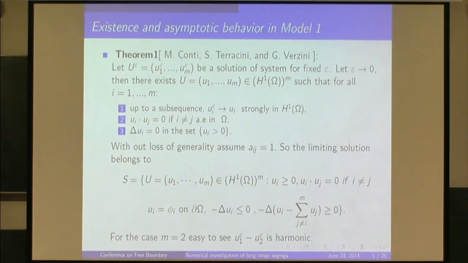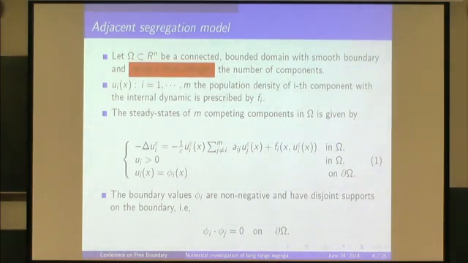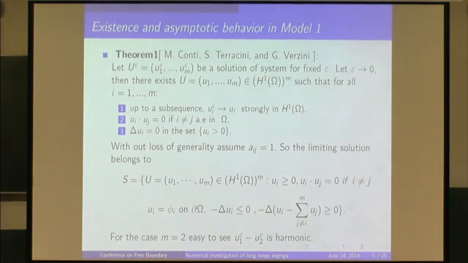As I said, when epsilon goes to 0, for i not equal to j, they have disjoint support. And let's say here I assume, for simplicity, my fi is 0, so in the limit each ui is harmonic in its support, in the positivity set of the component.